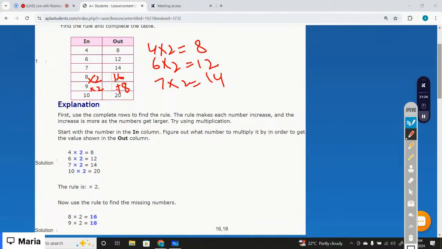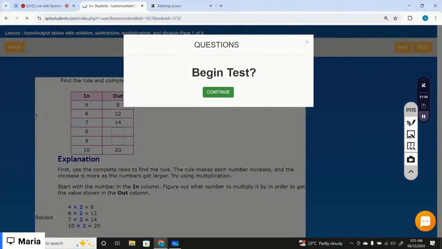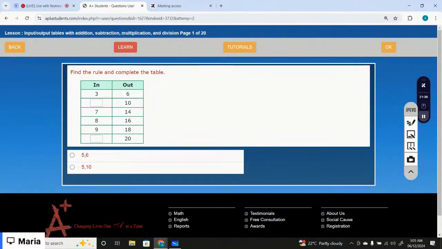Let's just start with the test questions. Find the rule and complete the table.